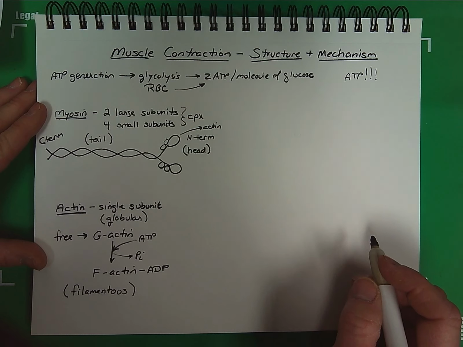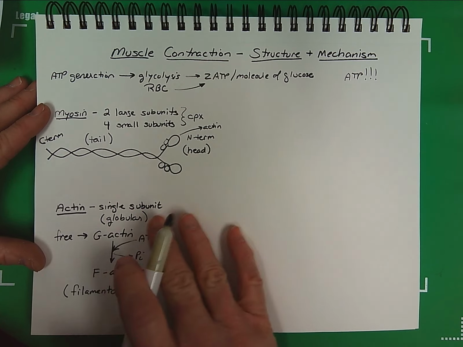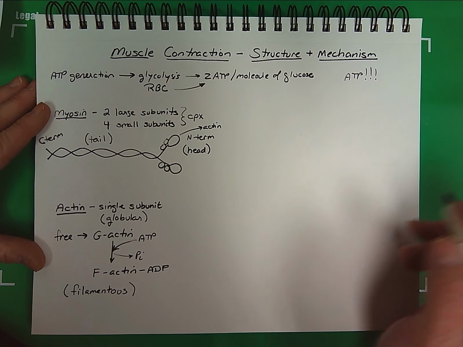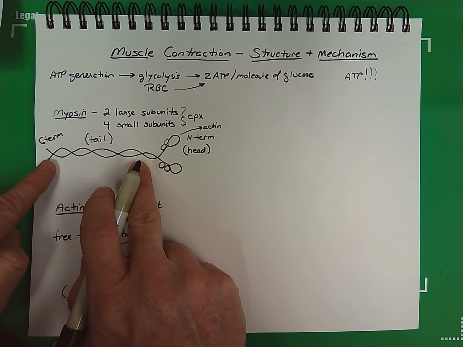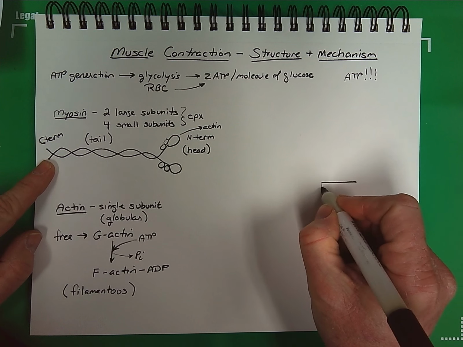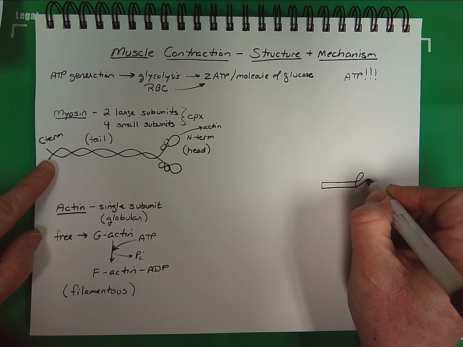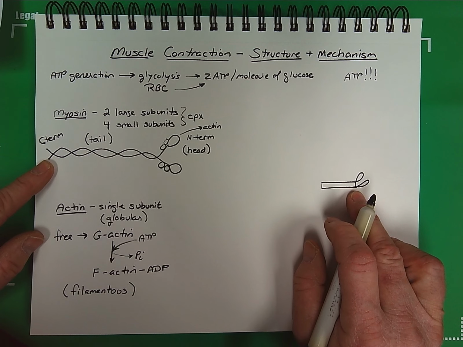Now let's take a closer look at the structure of how these subunits come together so that they can perform their interaction. The myosin, for starters, has this tail region. Let's depict the tail as this bar, and we have head groups coming out of the N-terminal portion of the complex.